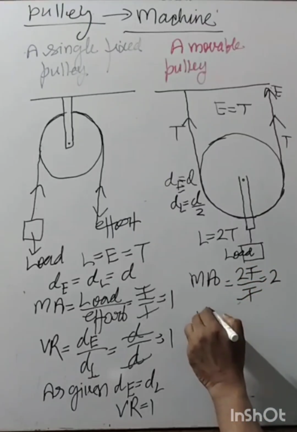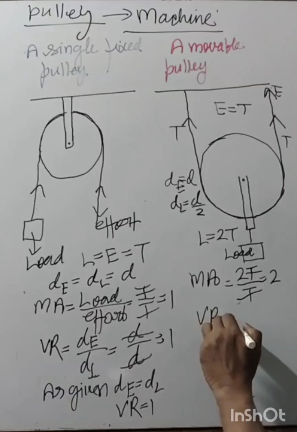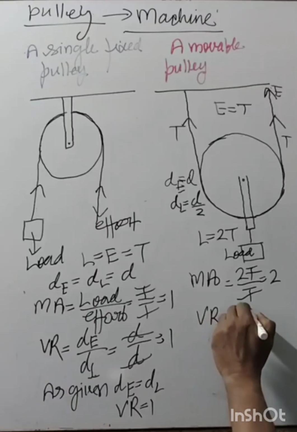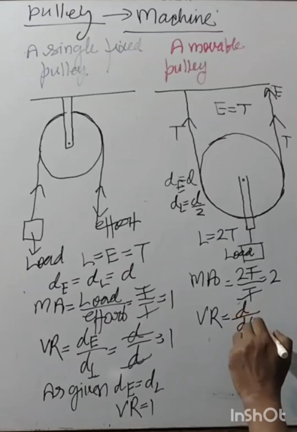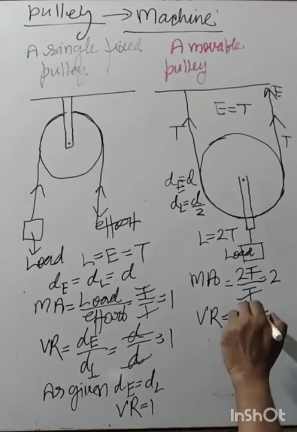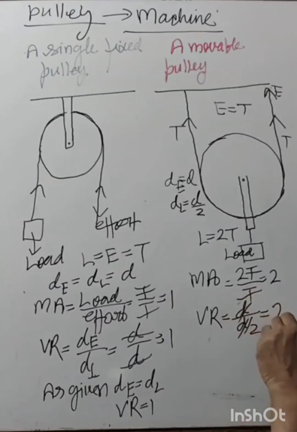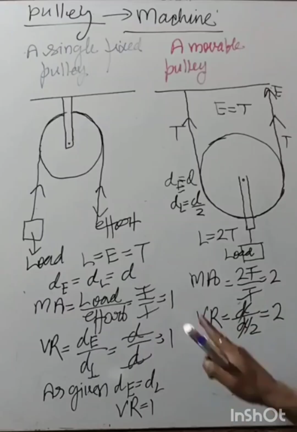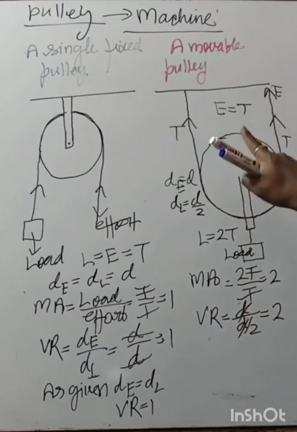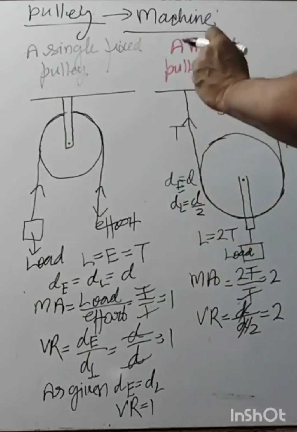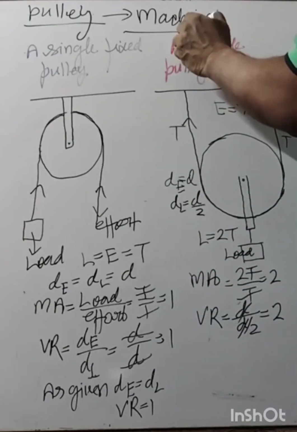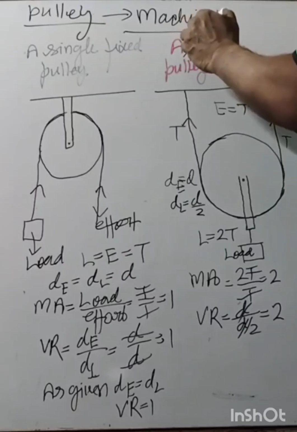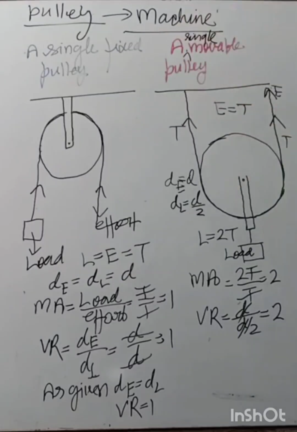And velocity ratio is equal to D upon D by 2 will give you D, and D cancel, 2 goes up, it becomes 2. Velocity ratio and mechanical advantage is 2 in a single movable pulley.